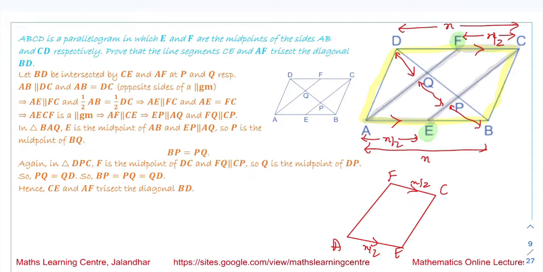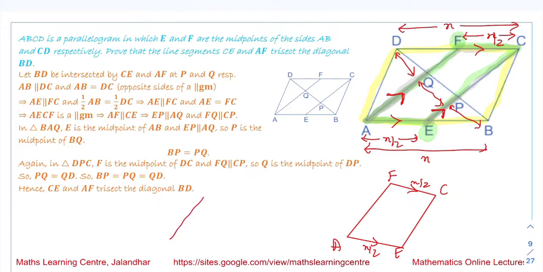So what we get from this is that AFCE is a parallelogram. If AFCE is a parallelogram, it means this side AF is parallel to the side EC. So this gives us that AQ, this portion, and EP, this portion, these two lines are parallel to each other.